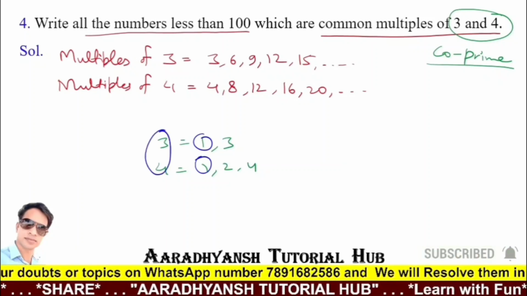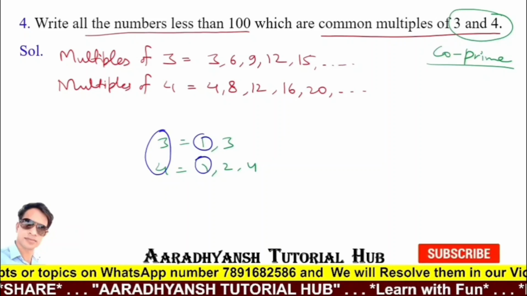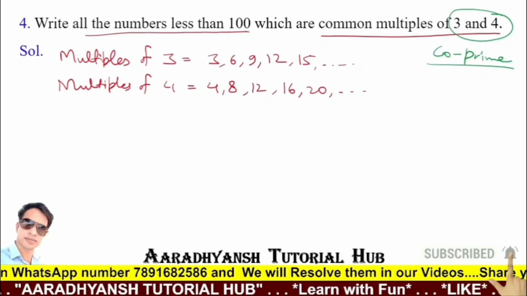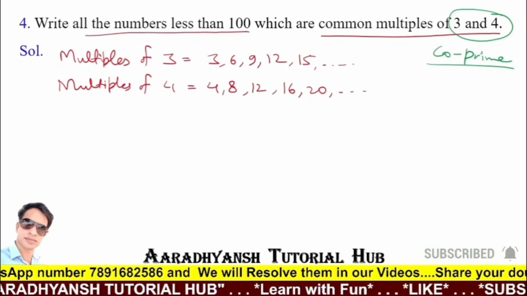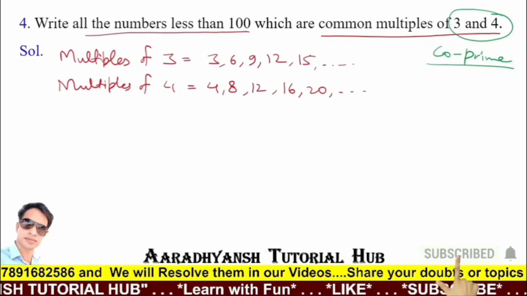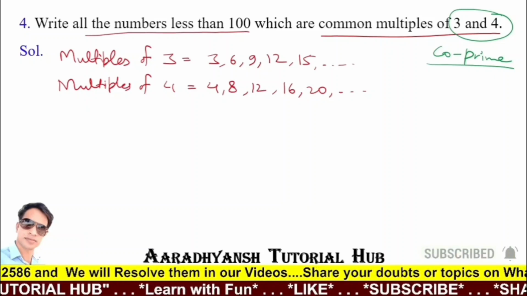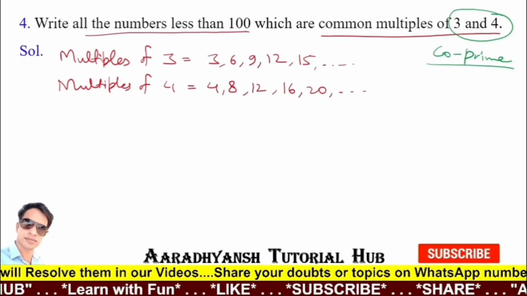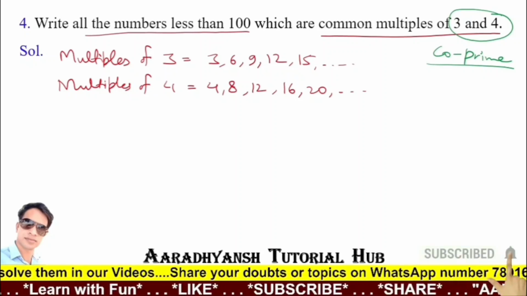That's why these are called co-prime numbers. And to find common multiples of co-prime numbers, we should find the first common multiple and then we can find the multiples of that common multiple. Okay, in this way we can easily find common multiples up to 100.